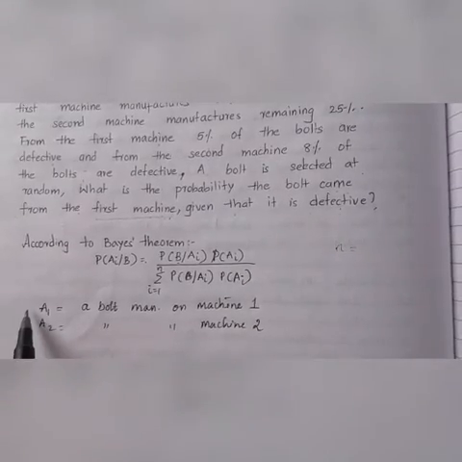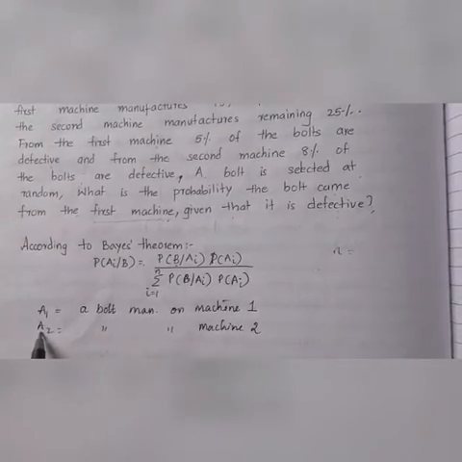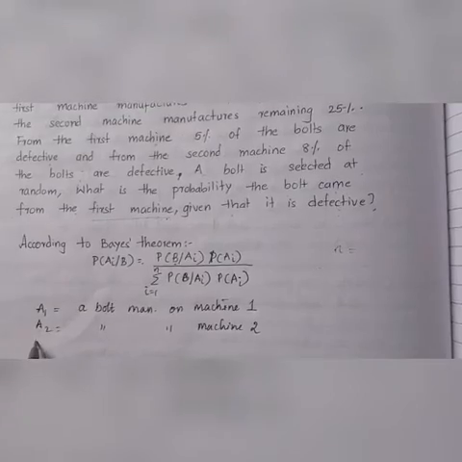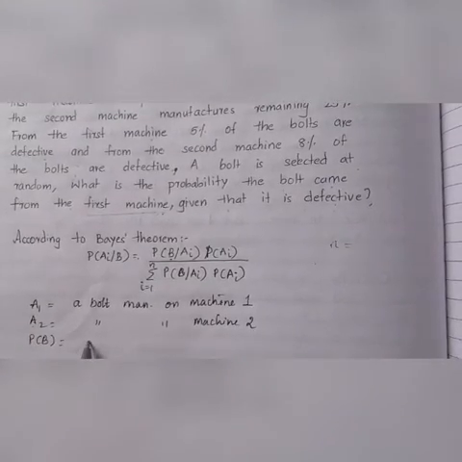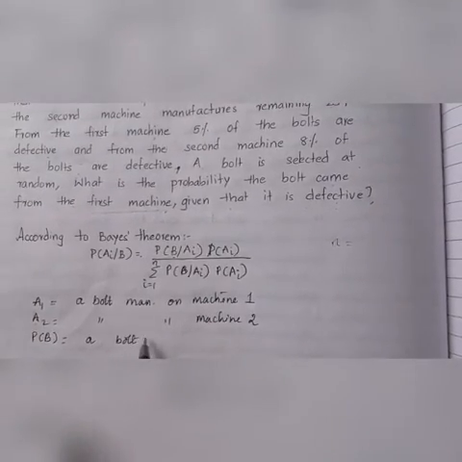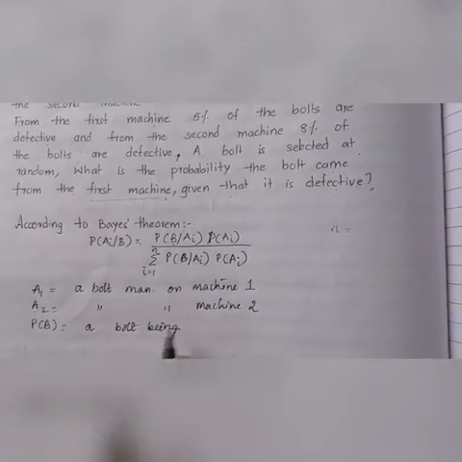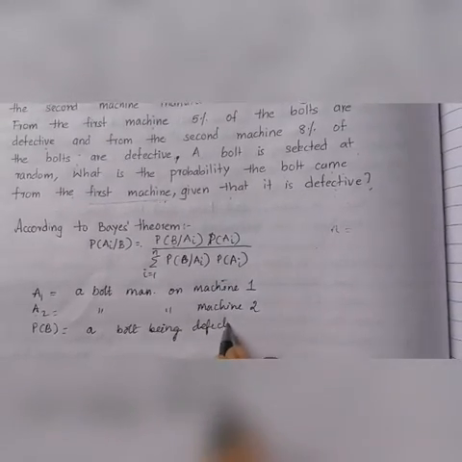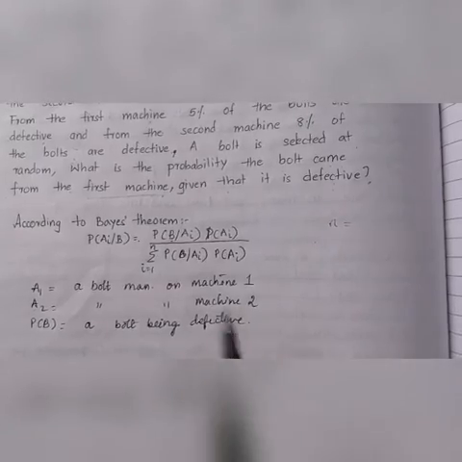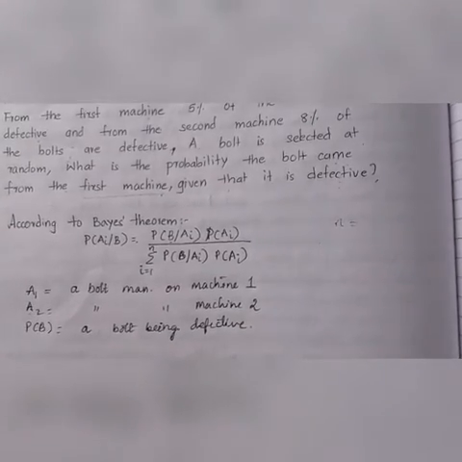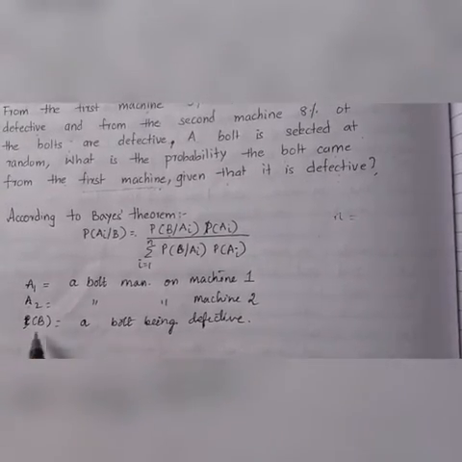This is event A1, this is event A2. And let me take B is equal to a bolt being defective. So I have assumed these three events here. This is not a probability, this is just event B, a bolt being defective.